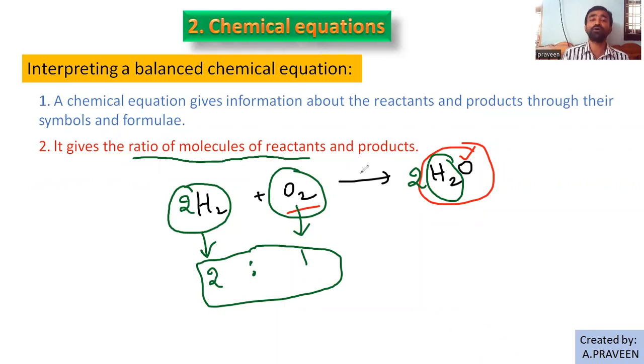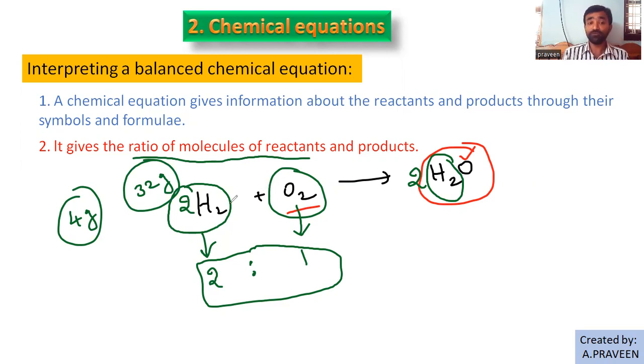Ratio of molecules of reactants. Whatever quantity is provided by you, suppose 2H2, that means 4 grams or 4 units. Oxygen 16 twice, 32. So 4 grams of hydrogen reacts with 32 grams of oxygen. That is the meaning, right?